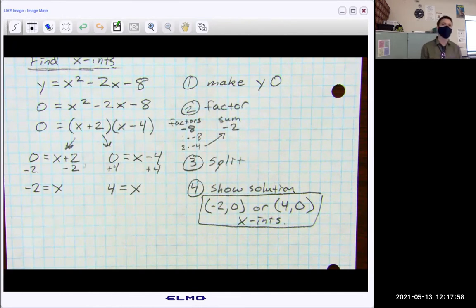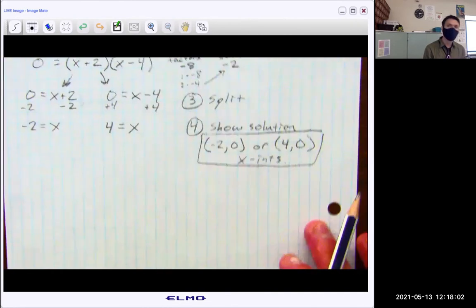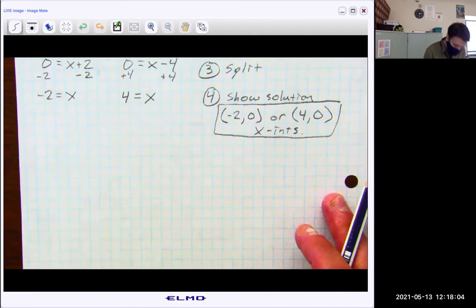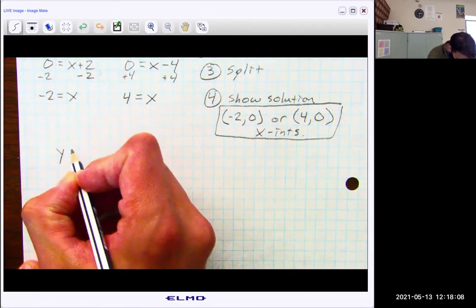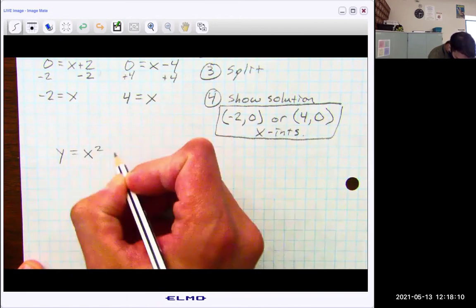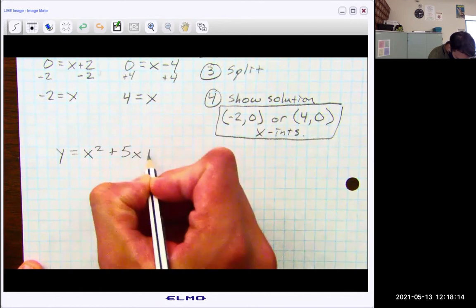All right, let's try another one here. Y equals x squared plus 5x plus 6.